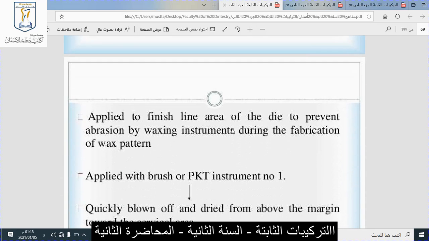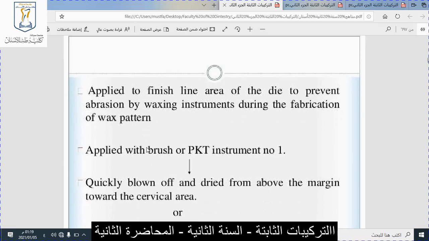It is applied to the finish line area of the die to prevent abrasion, because abrasion of the finish line causes loss of details during wax pattern construction. So to prevent that, we apply die hardener, especially on the finish line.